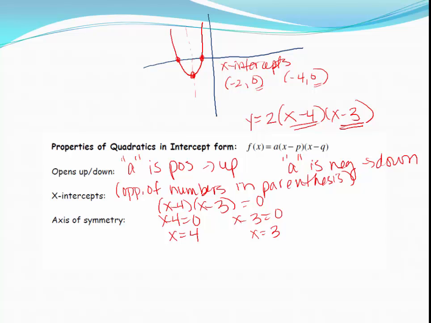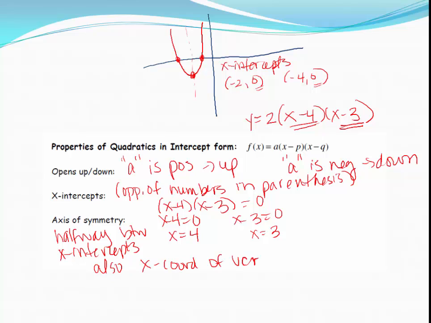So your axis of symmetry is halfway between the x-intercepts, and that's also the x-coordinate of your vertex. So in this case, if my example was 4 and 3, halfway between these two would be 3.5. And then if I want to get the y-coordinate, I would just have to plug 3.5 into my problem.